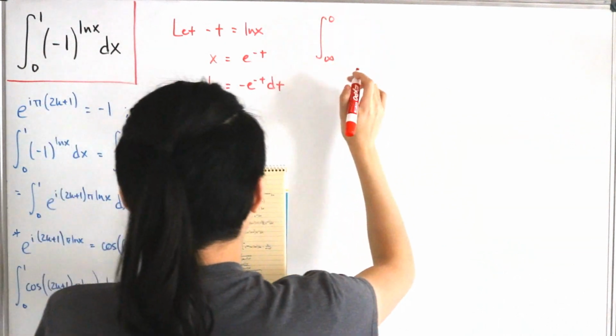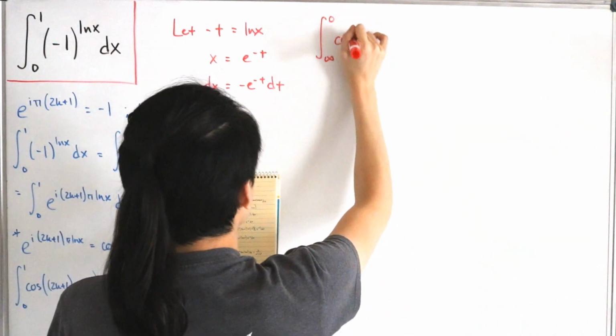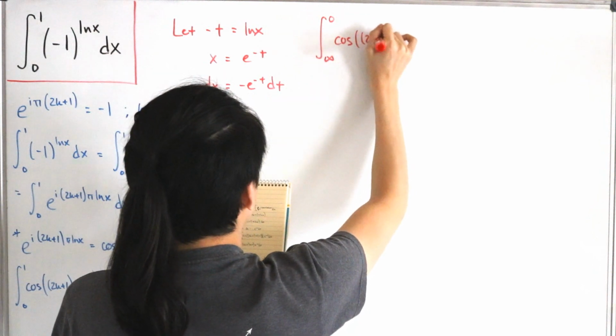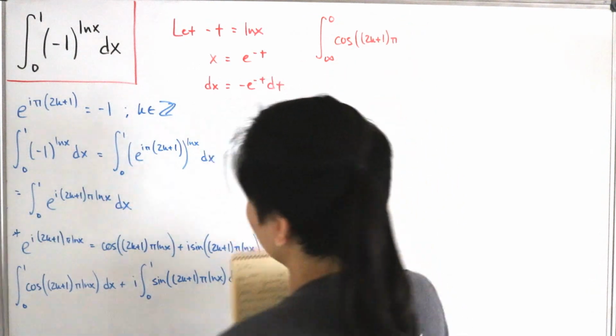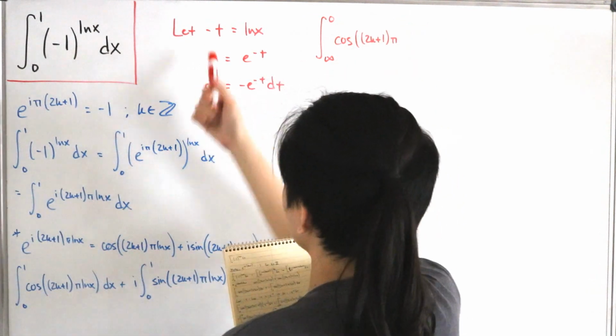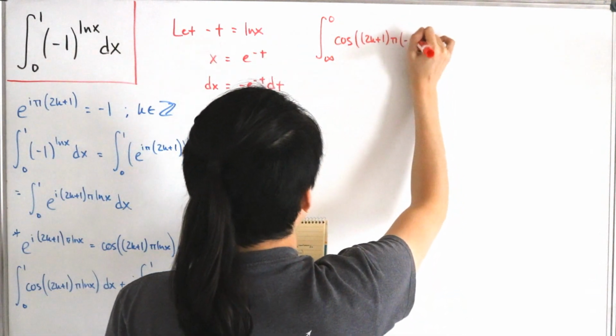Then we plug all this back in. We have cosine of (2k plus 1) times pi, then we fill in ln of x, which is equal to negative t.